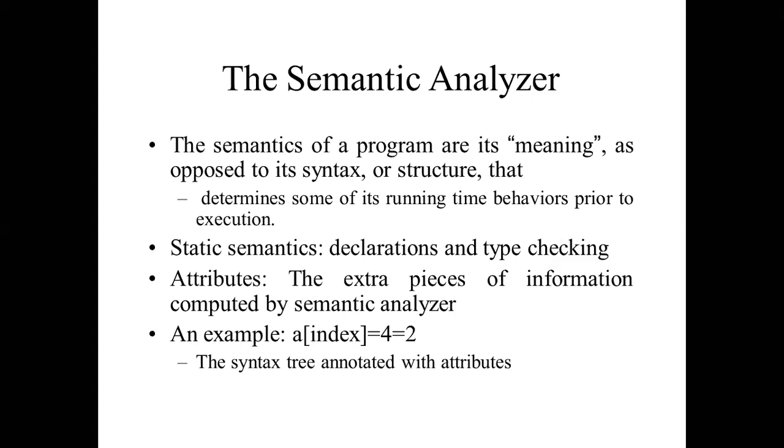For example, now we are considering A index equal 4 equal to. The syntax tree annotated with attributes. Here, on the right side, there is a need for the plus sign. Earlier, we had the string A index equal 4 plus 2. But here we are writing equal 4 equal 2.